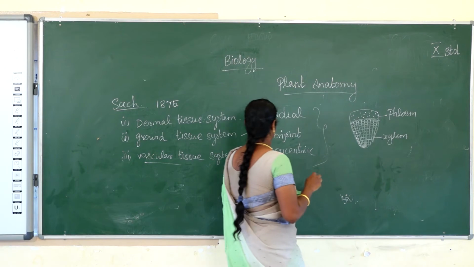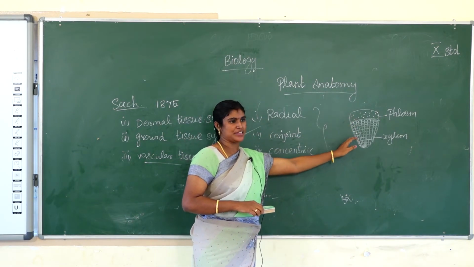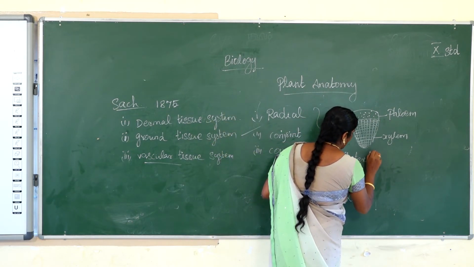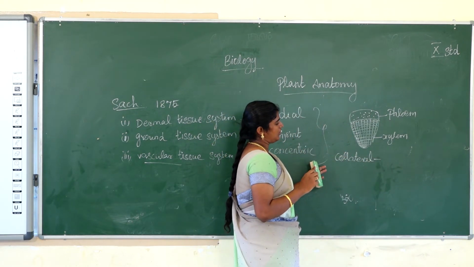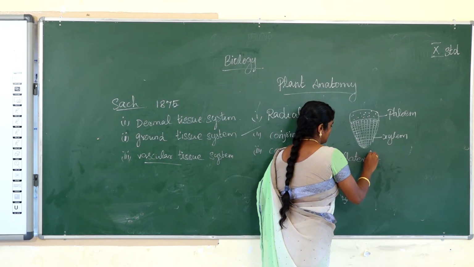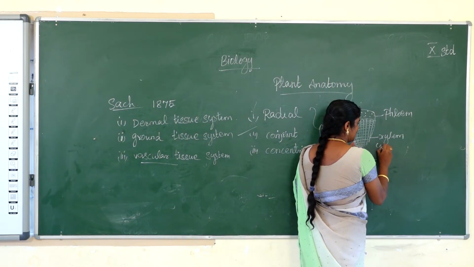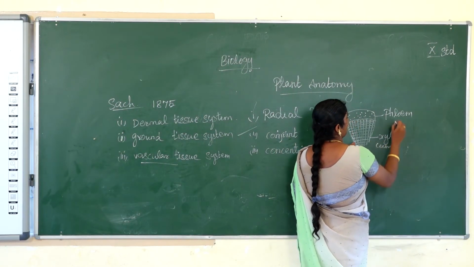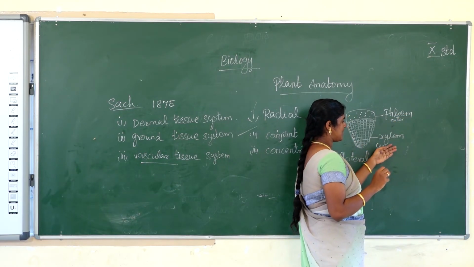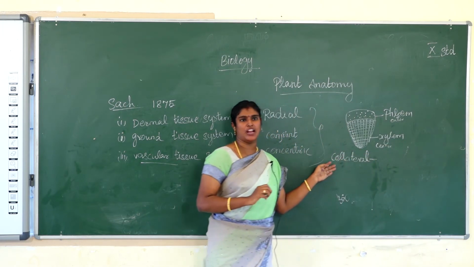So, conjoint means xylem and phloem are arranged on the same radius. Then collateral. Collateral means xylem is towards the center and phloem is towards the periphery. Next one, bicollateral.